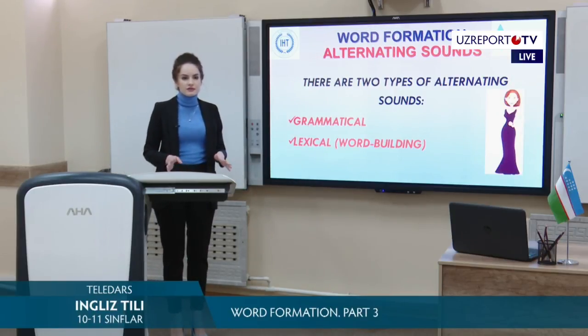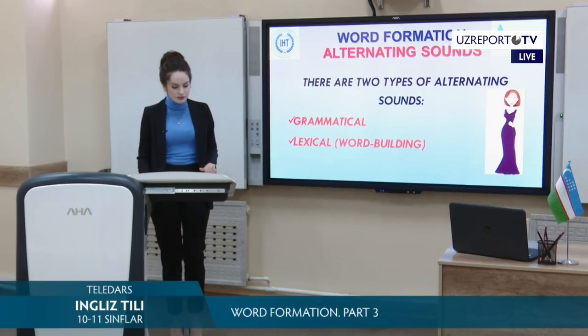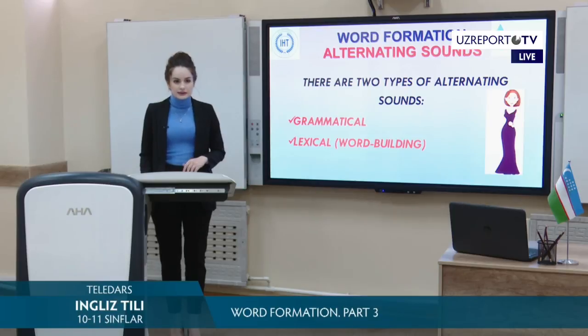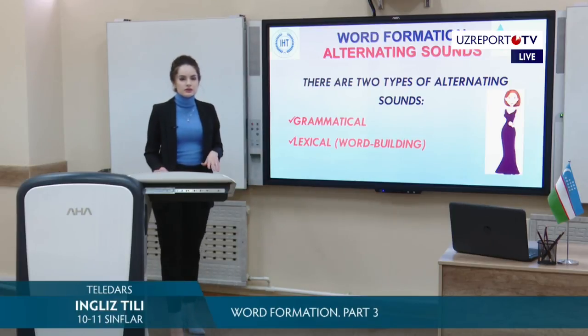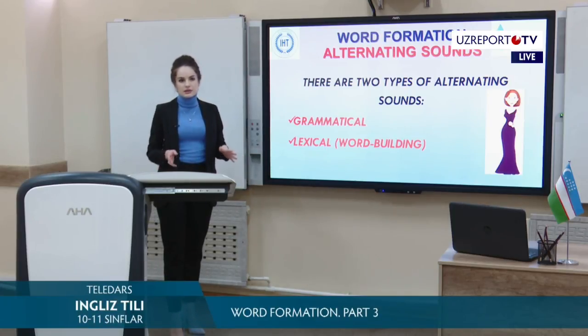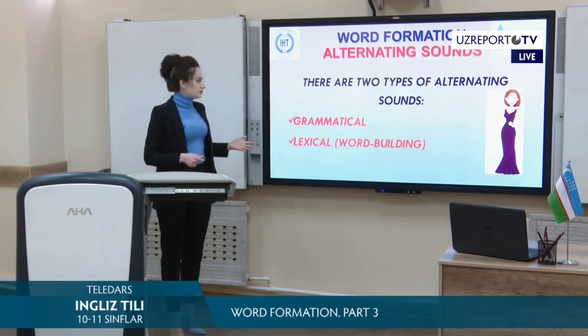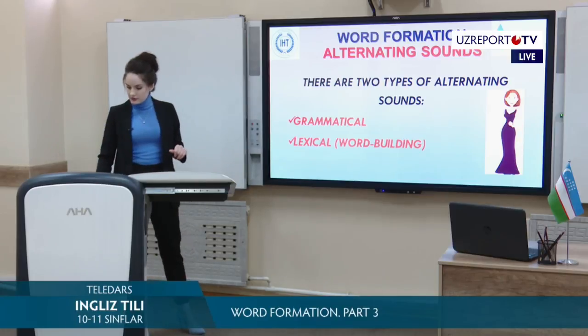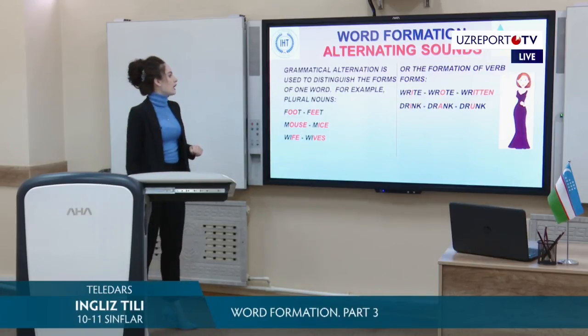Actually, we have several methods. To be exact, 2 methods of alternating sounds: grammatical and lexical. We cannot create a lot of words using the grammatical method of alternating, but we may create some of them, and they are significant enough.